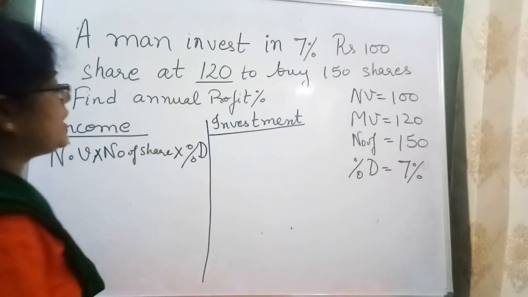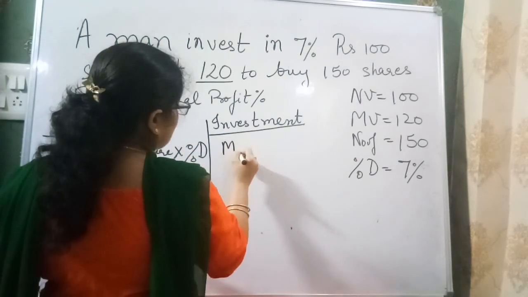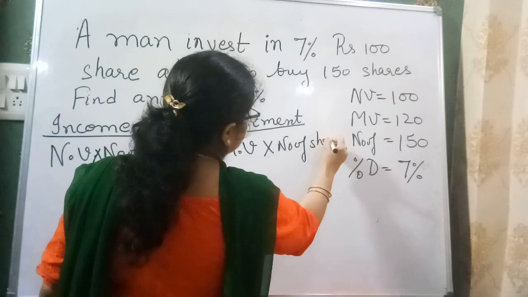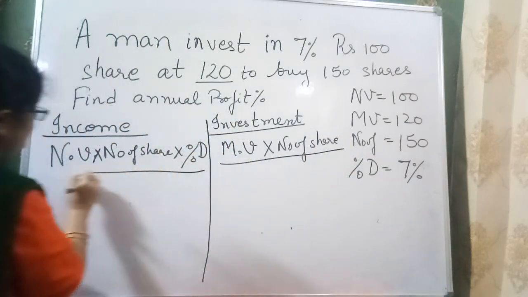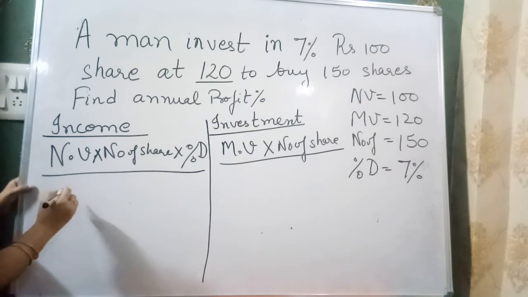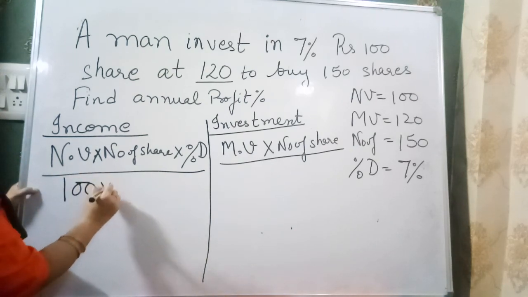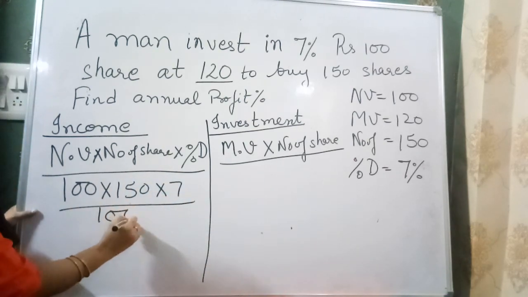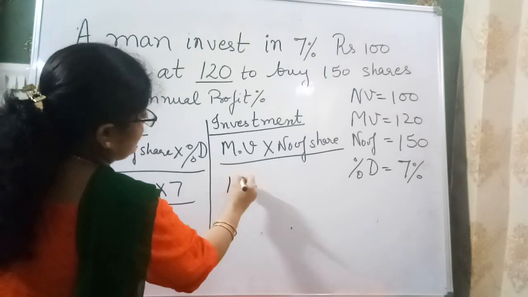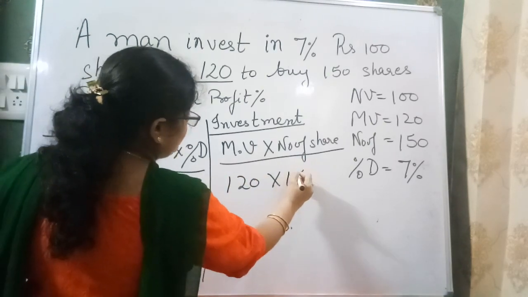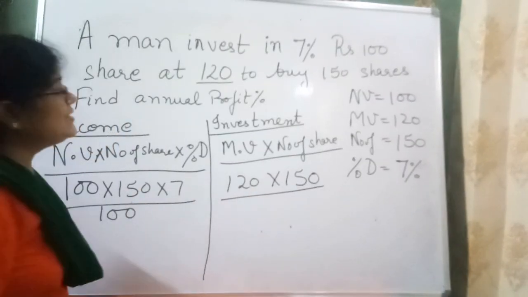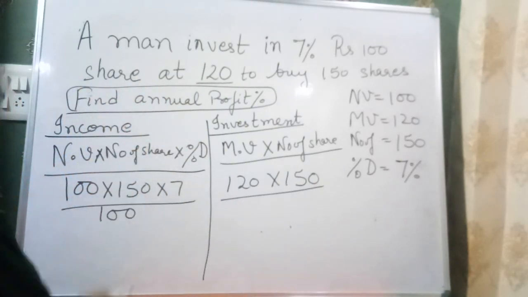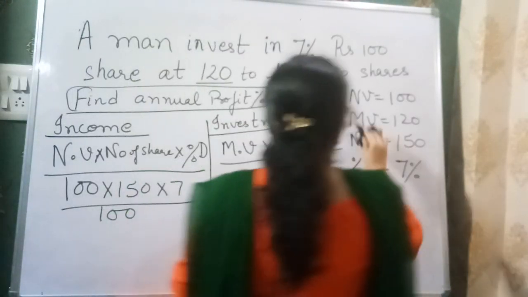For investment, multiply market value into number of shares. Just remember these two formulas. Now, to find the income, we write 100 into 150 into 7 by 100. For investment we have 120 into 150. Clear? Now, what is the formula for annual profit percent?